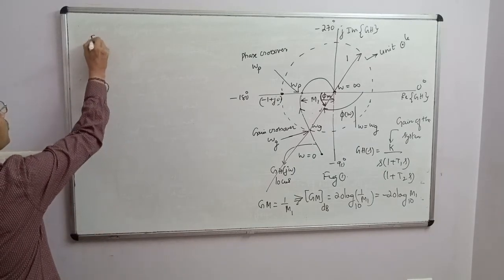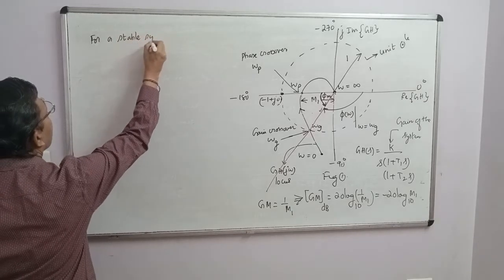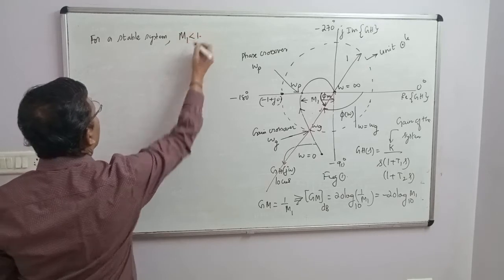For a stable system, m1 should be less than 1.